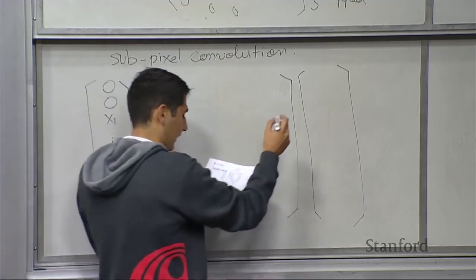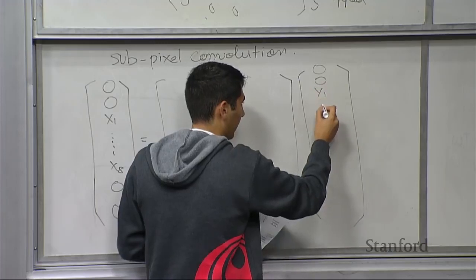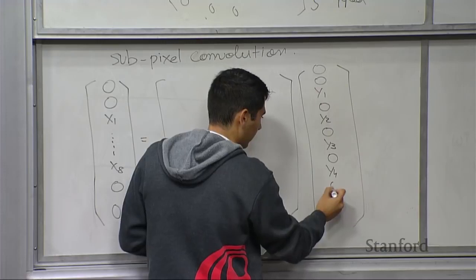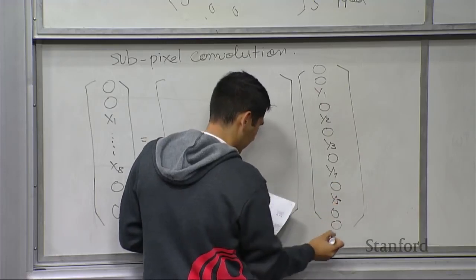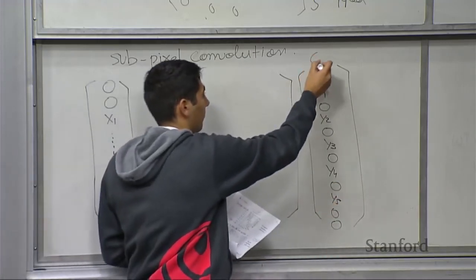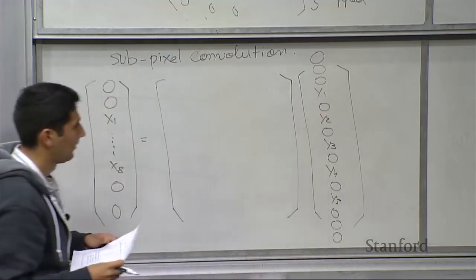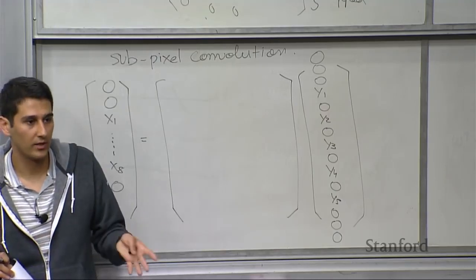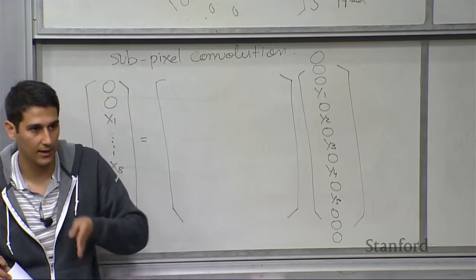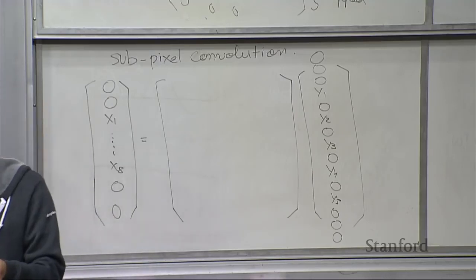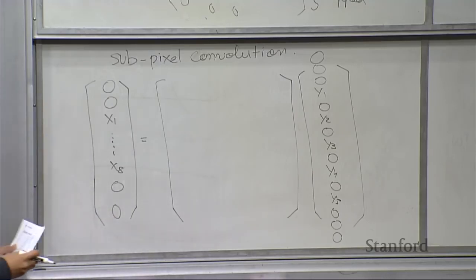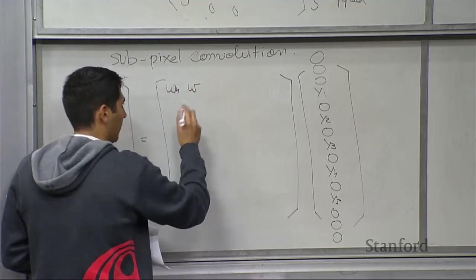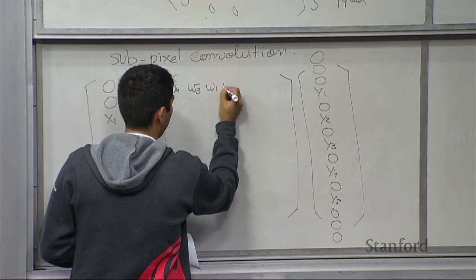I would get 0, 0, y1, 0, y2, 0, y3, 0, y4, 0, y5, and 0, 0. Even more: one more 0 here, one more 0 here. So this vector is just the vector y with some zeros inserted around it and also in the middle between the elements of y. Now, why is that interesting? It's interesting because I can now write down my convolution by flipping my weight.